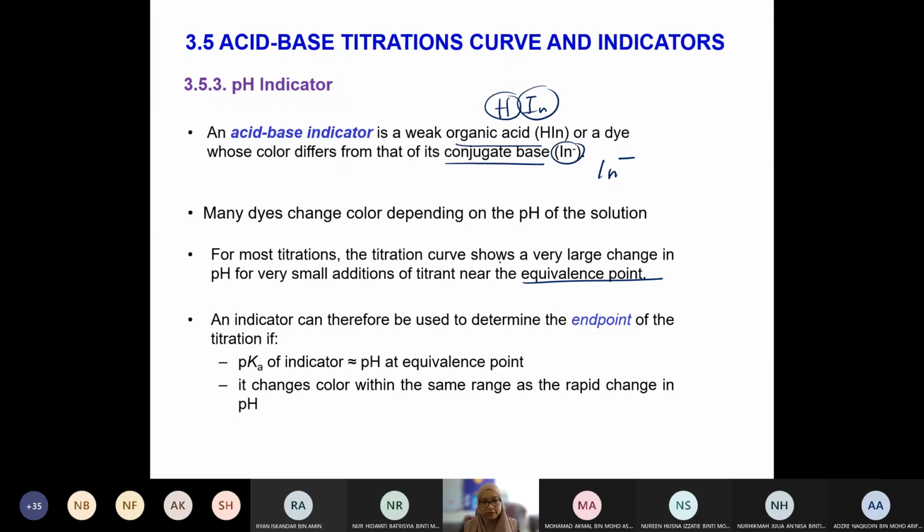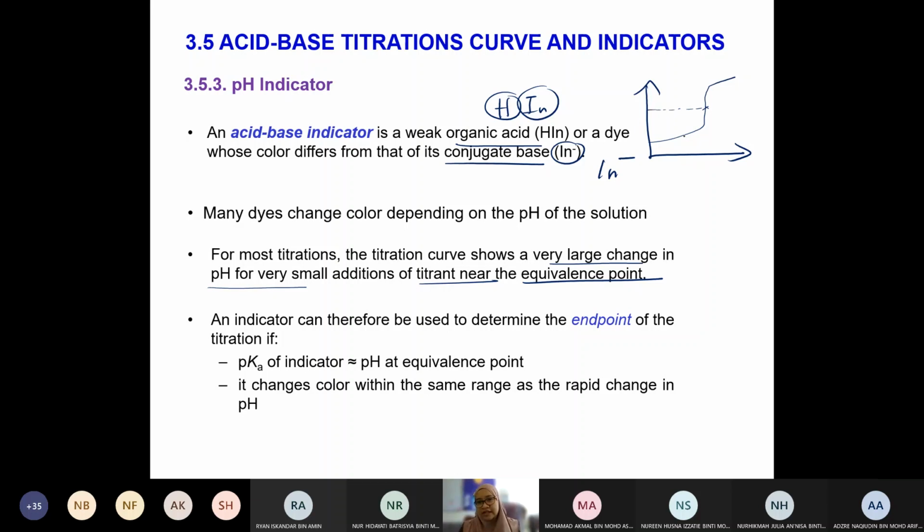Okay, that's why dia cakap the titration curve shows a very large change in pH for very small addition of titrant near the equivalent point. Remember kalau kita buat dia punya pH curve kan? Kalau saya buat gini, suddenly macam tu. The equivalent point katakanlah is around here.